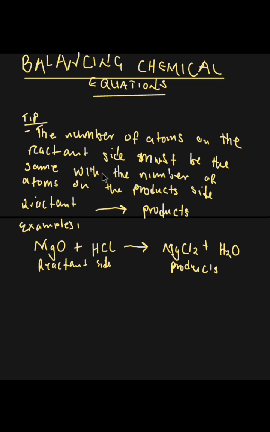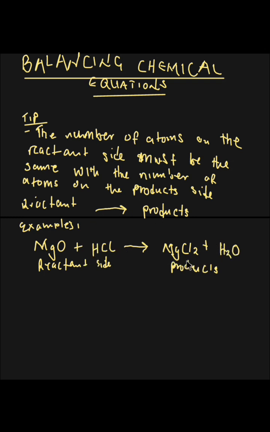Now we need to account for all the elements that are here on the reactant side, and we must also account for all the elements that are here. Here we have magnesium, so we must make sure that magnesium is also found on this side. Oxygen is here on the reactant side, we must ensure that it is also found on the product side.